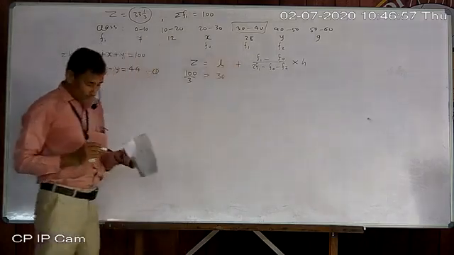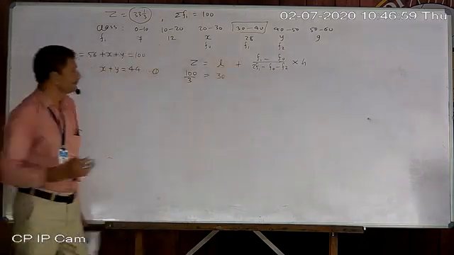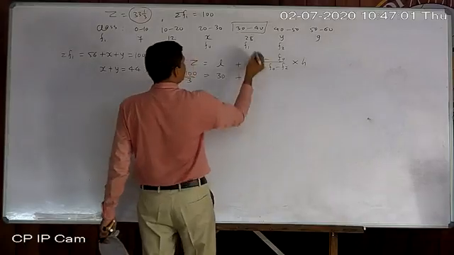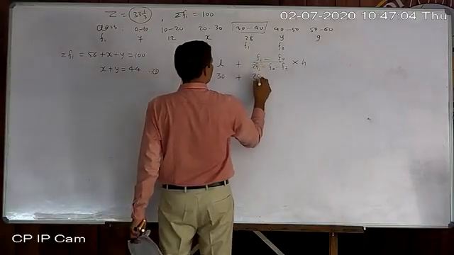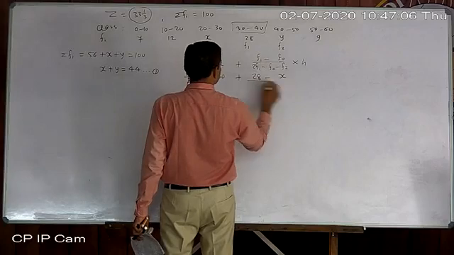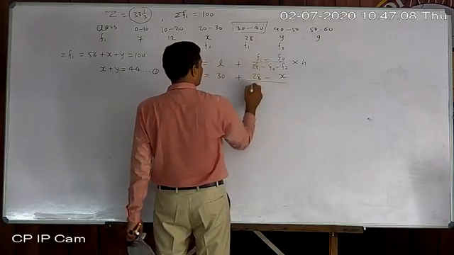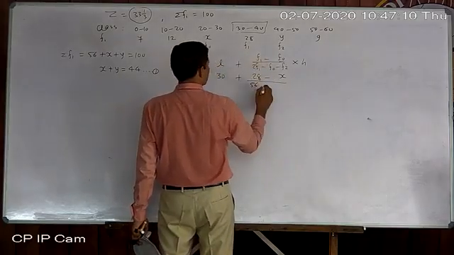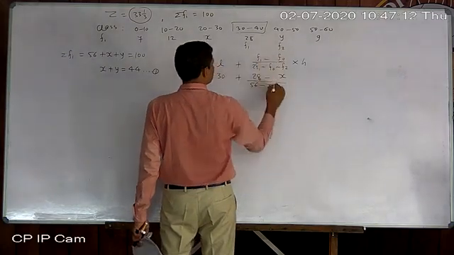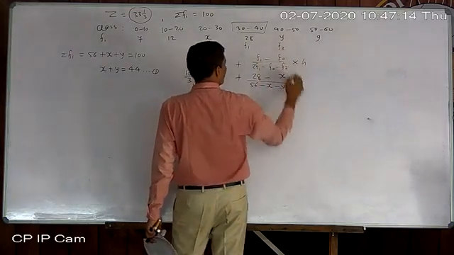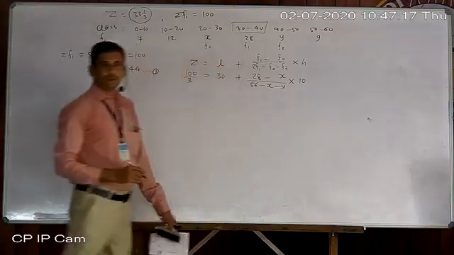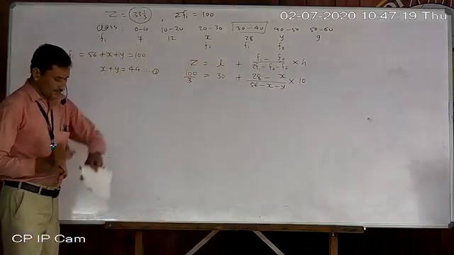L means lower boundary of modal class. Now f1 is here 28, f0 is x. 2f1 means twice of 28, 56, minus x minus y, into class size 10. So all values are placed.